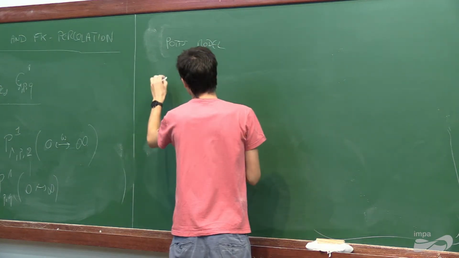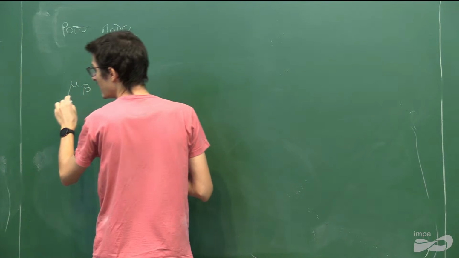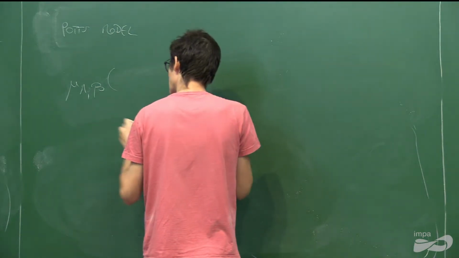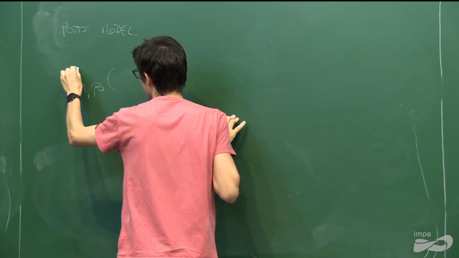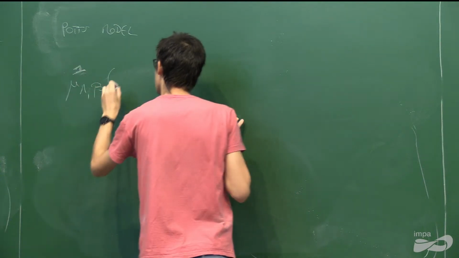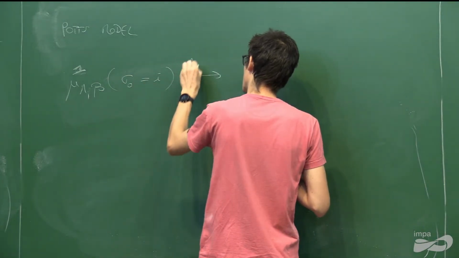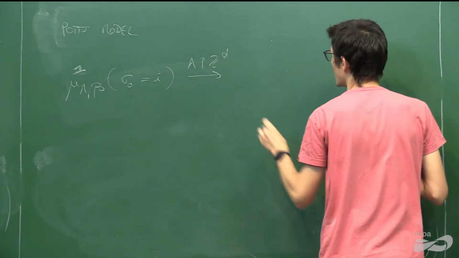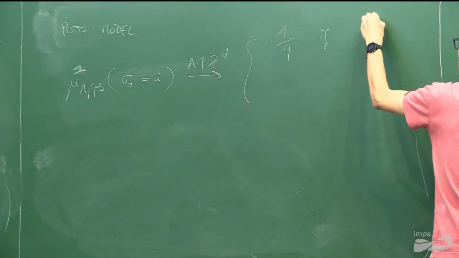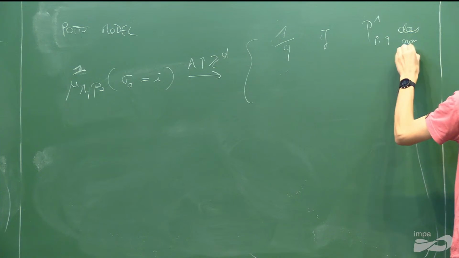you get that the measure mu lambda beta, mu lambda beta k, the probability that sigma 0 is equal to i, converges when lambda goes to zero, to 1 over q if p1, pq does not percolate.